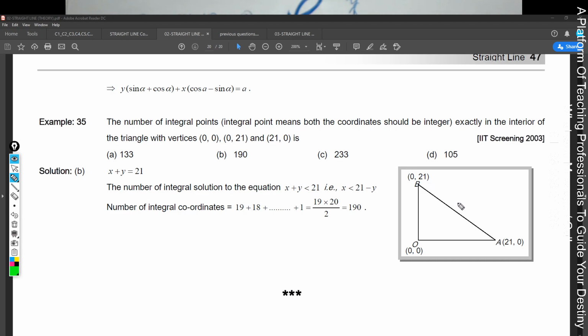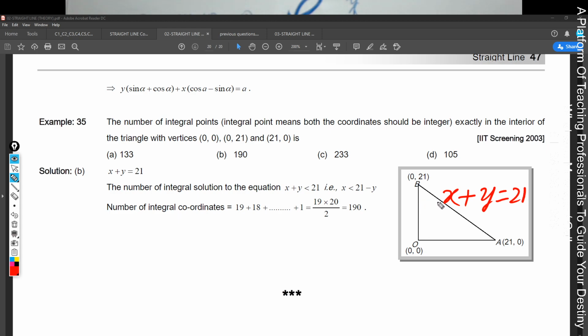See, the line equation here is x plus y is equal to 21. Because x intercept is 21, y intercept is 21, the line equation will be x plus y is equal to 21. If the point lies on it, then the sum of these will be 21.